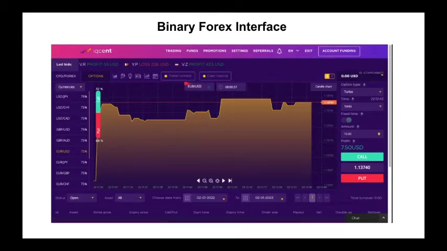Now, on my screen right now, we have the Euro USD selected, and it is right here. The Euro USD is paying out 75%. So on my screen, which is the center of the screen, this is the reaction for the Euro USD on chart. This is how the price has been moving for the last few minutes.